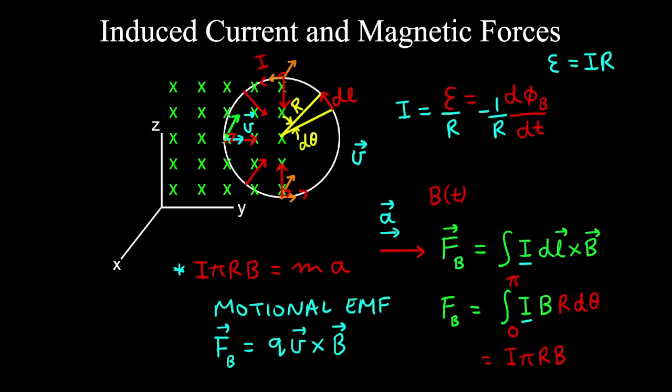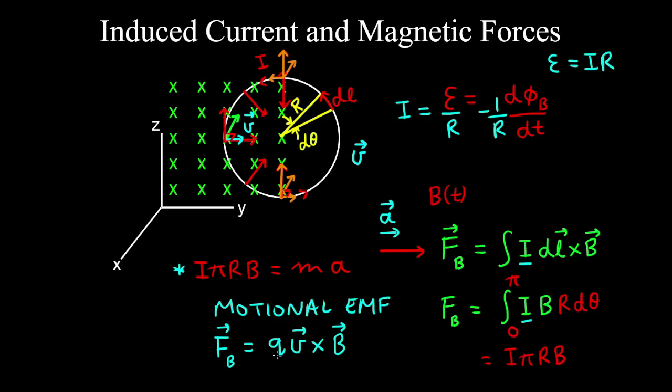So taking a cross product of v with B is going to result in a magnetic force pointing in the vertical direction due to the motion of the loop and the magnetic field. And this is going to be the same at every point in a loop that's inside the magnetic field.